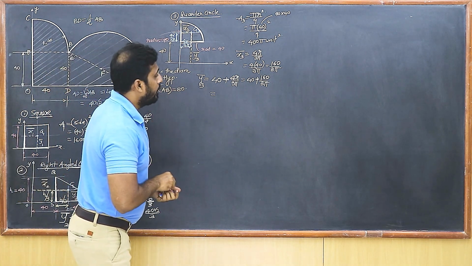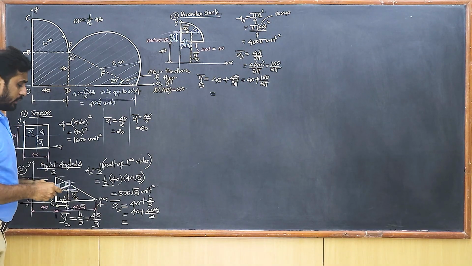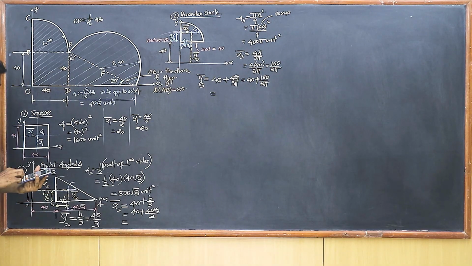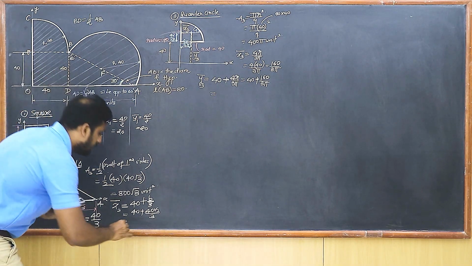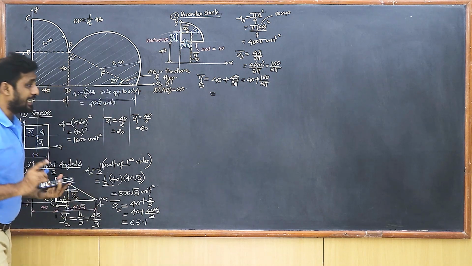So let's very quickly find the simplification part also. So I have this X2 bar, which is 40 plus 40 root 3, upon 3. So my answer, student, comes 63.094. So I can say 63.1 units. Okay, so that's X2 bar.